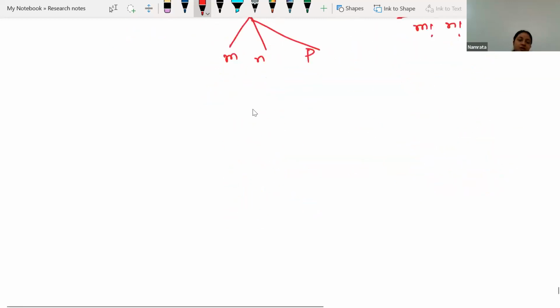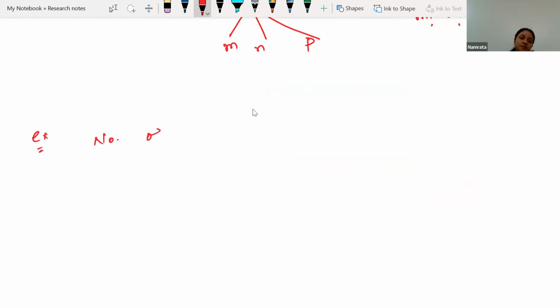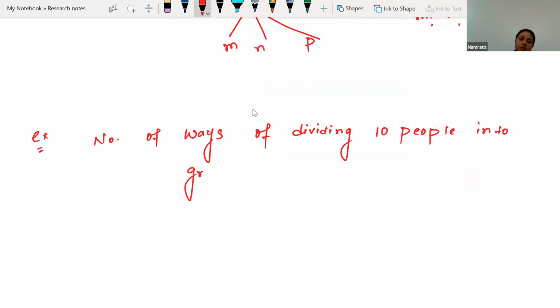Similarly, if one of the questions says number of ways of dividing 10 people into groups of 5, 3, 2, as you can see, all the groups are of different sizes. The concept says that from 10 we will take 5 at first.